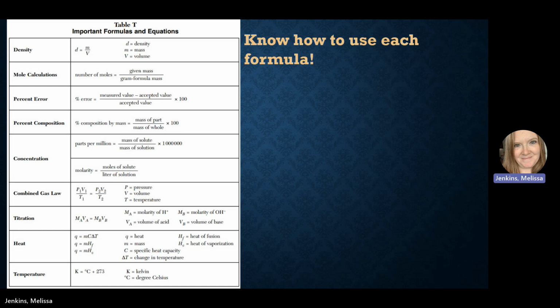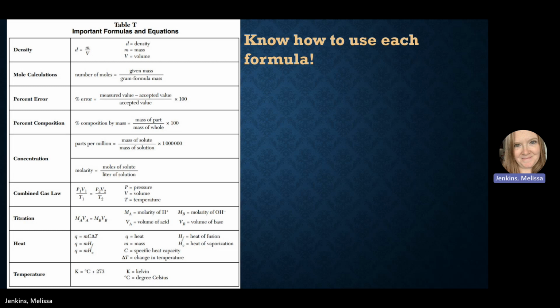Remember, with most of these formulas, once you have numbers, you could put it over 1 to cross multiply if you need to. If I'm solving for mass in this formula, I could just do this, and then I could solve for mass. What's gram formula mass again? So gram formula mass is going to be the total. Let me give you an example for water, H2O. I want to add the atomic mass for hydrogen twice to the atomic mass for oxygen.